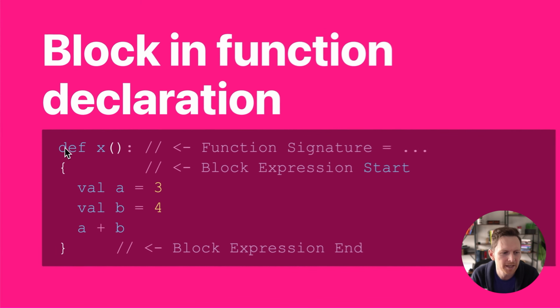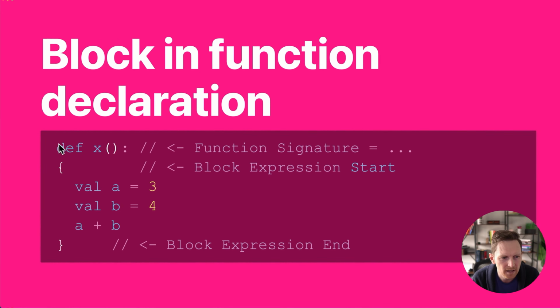And then you might be thinking, okay, if I can assign a block expression to a function signature, then why can't I assign any expression at all to a function signature, right? So just to break down my example, here we are in Scala, I believe, although we're missing a return type. So there's kind of a bug in my code here.